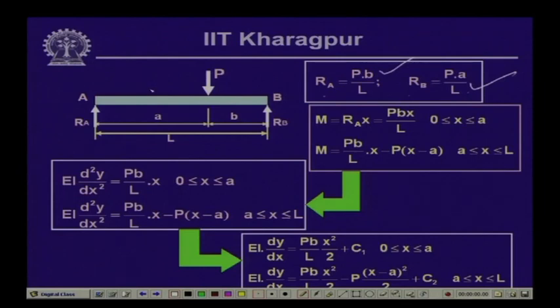Also, for these two segments, segment 1 and segment 2, we can compute the value of the bending moment.